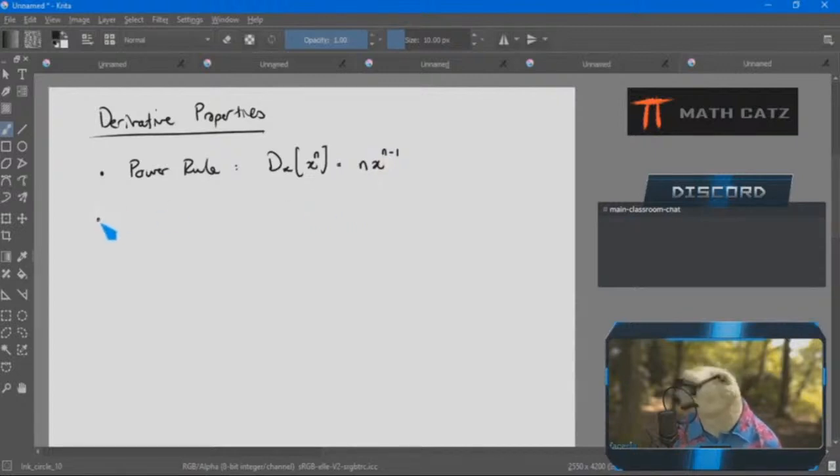But I have other, I guess I'll call them supplementary properties that help me to isolate things like x to the power of n. Like the sum or difference property. I'm just going to write property every time. These are all properties.